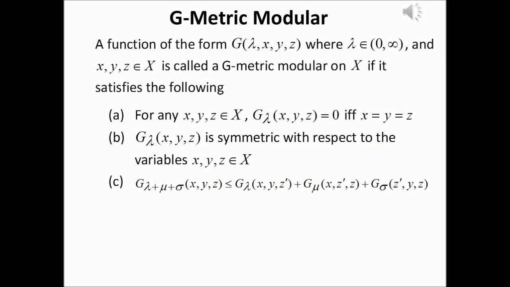That is, G of x, y, z sub lambda plus mu plus sigma is less than or equal to G of x, y, z prime sub lambda plus G of x, z prime, z sub mu plus G of z prime, y, z sub sigma for all lambda, mu, sigma greater than 0 and x, y, z in X.